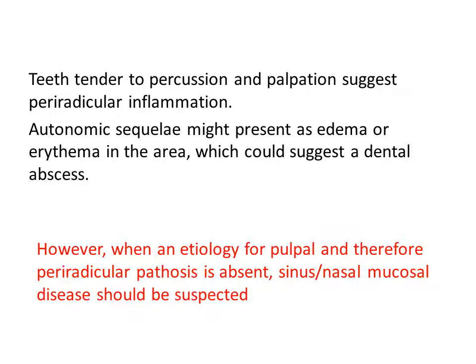So the etiology for pulpal, and therefore periradicular, pathosis is absent, so we have to check the tooth then. And a good history from the patient can really help.